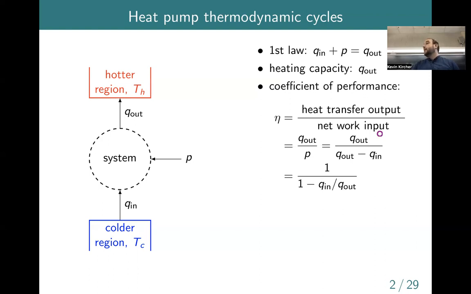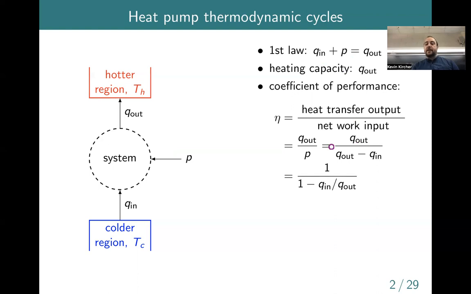But for heat pumps, that can be greater than 1. So it's basically defined as the useful thing that we're delivering, the heat transfer output, divided by the costly thing that we're putting in. And that's the same kind of notion as efficiency. But because we have this other thing here, this kind of free heat that we're absorbing from some other region, the ratio of these two can be greater than 1.